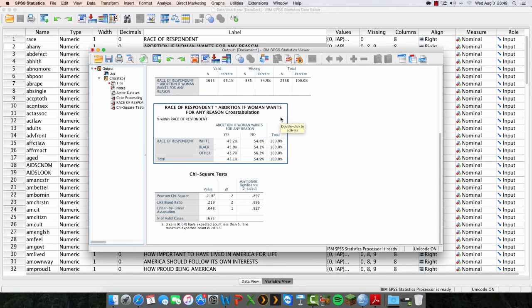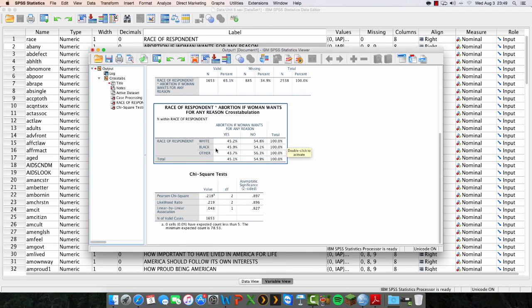And what it's done is break down each of the responses, yes and no, by racial group. So you can read it like this. 45.2% of white respondents said a woman should be able to get an abortion for any reason, and 54.8% said no. You can tell this is read across as a row percentage because it totals 100 in the row. Handy rule of thumb.